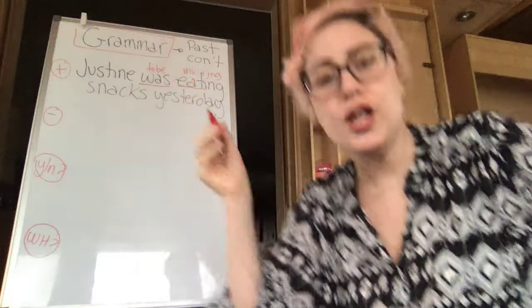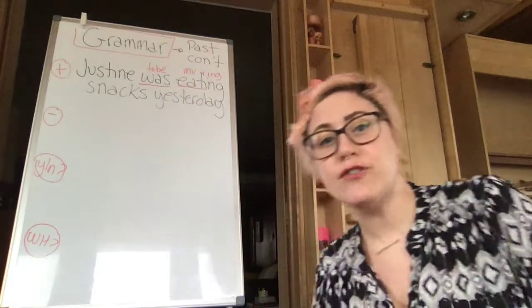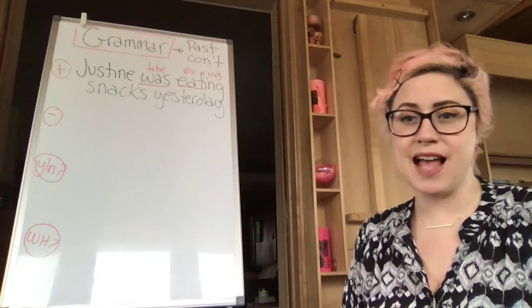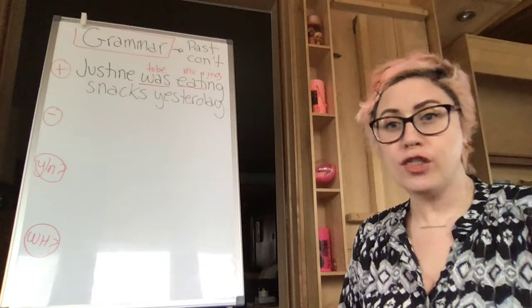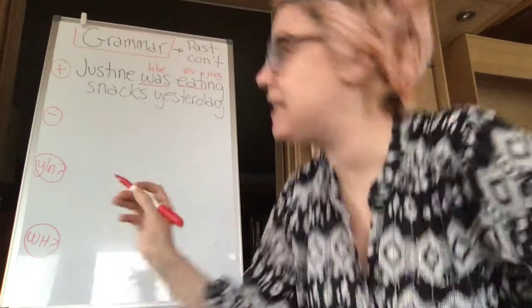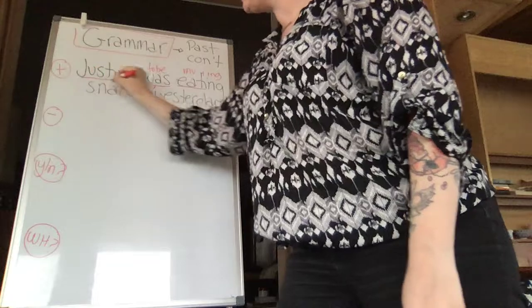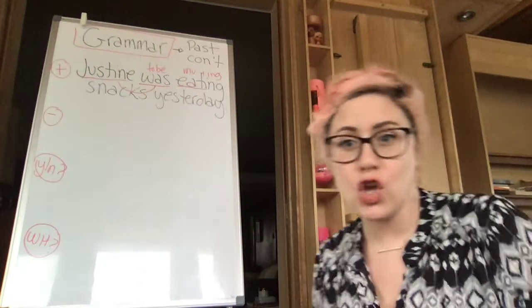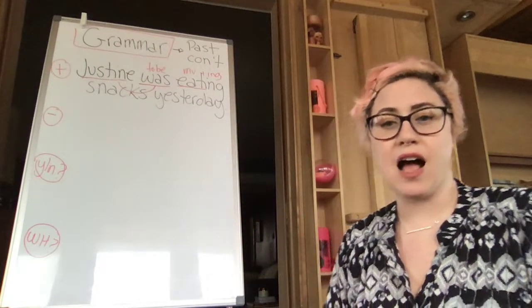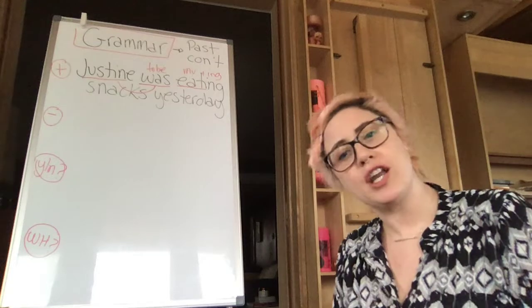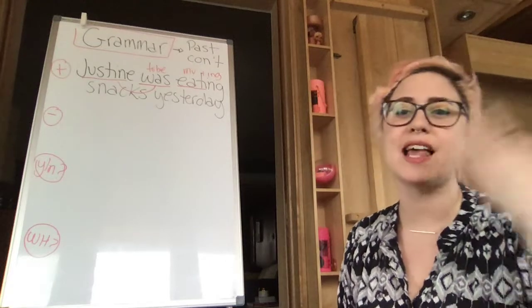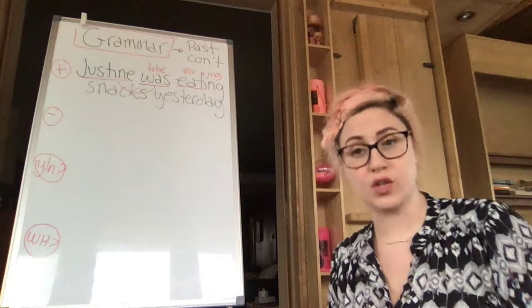Now, if you remember correctly, the verb to be has two jobs. The first job is it always agrees with the subject. So, I was, you were, he, she, it was. The verb to be is always agreeing with the subject.